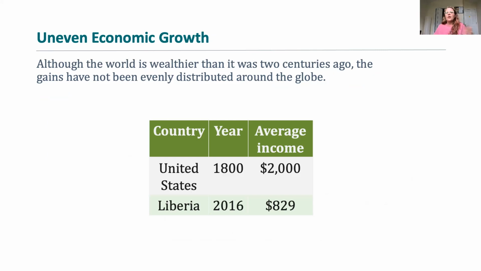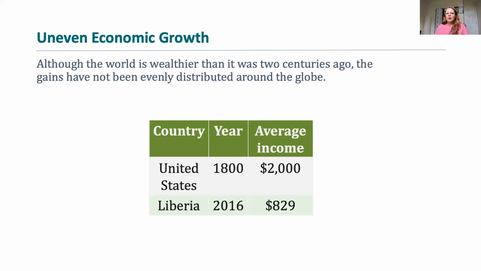In other words, we could say that today's poor are better off than the poor of the 1800s. What it meant to be poor then and what it means to be poor now in most nations is drastically different. We have to notice also, though, that this isn't evenly distributed across the globe.